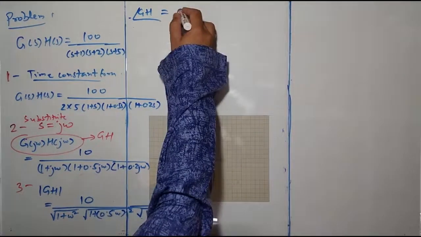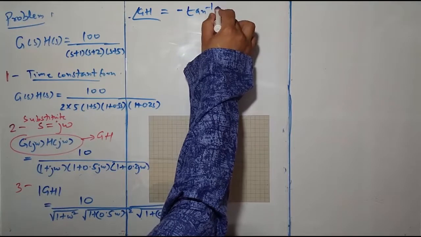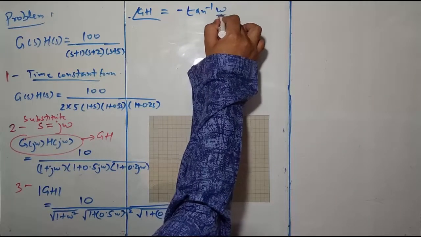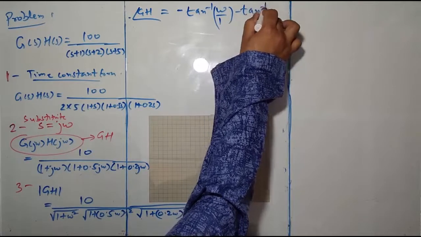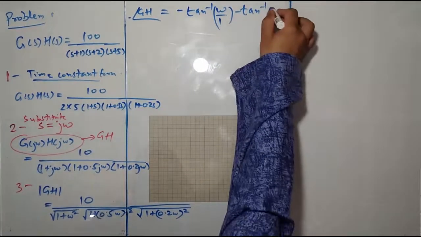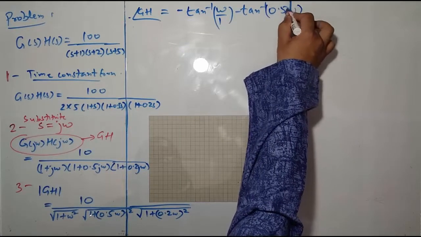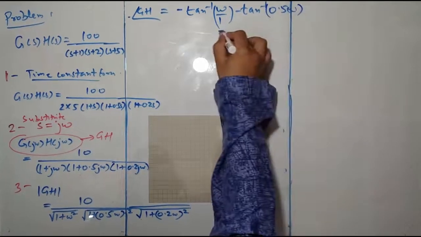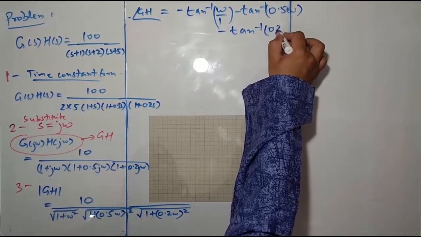So the first term gives you minus tan inverse omega upon 1, the second contributes minus tan inverse 0.5 omega, and the third contributes minus tan inverse 0.2 omega.